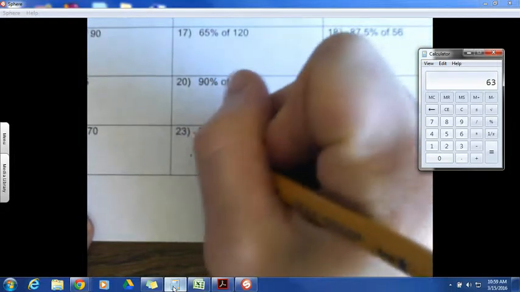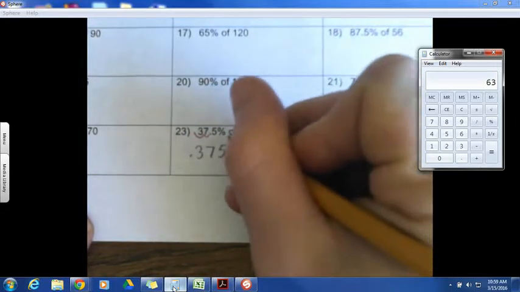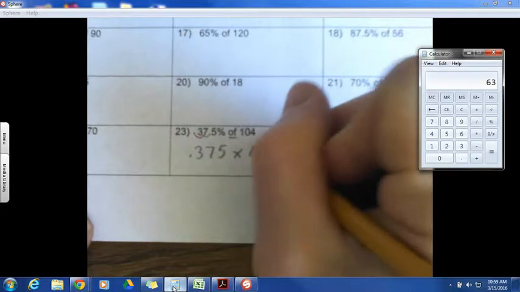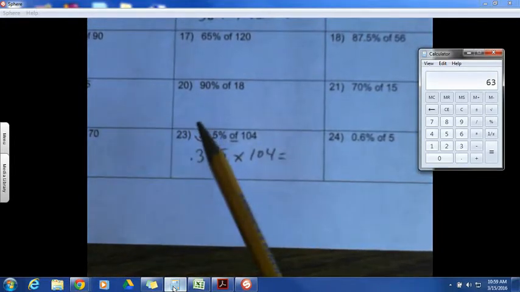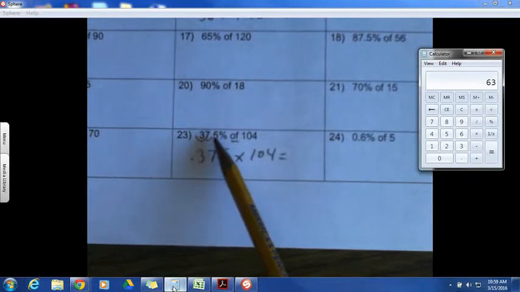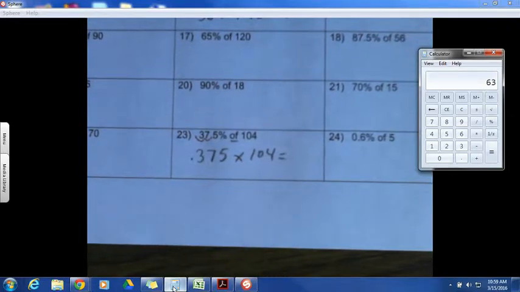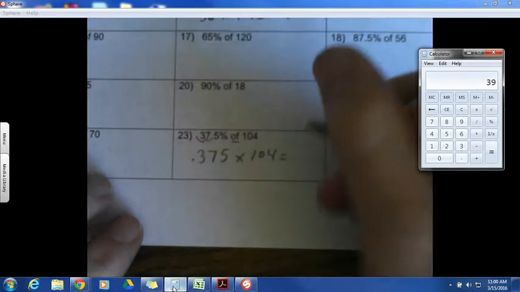Now our decimal is 0.375. Make sure you get all three of those numbers, and we multiply by 104. So the steps are still the same. Don't let that extra number behind the decimal throw you off. Do the same process. 0.375 times 104. Our answer is 39.